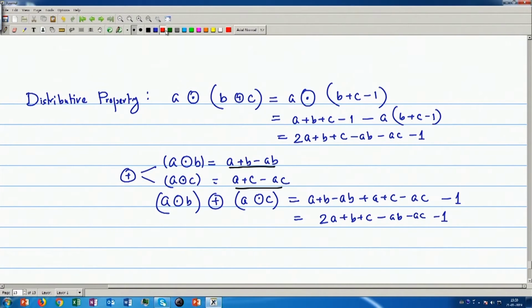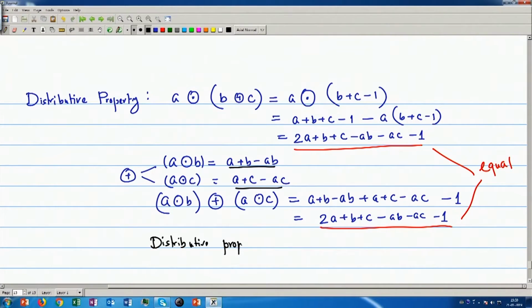So, again we see that these two are equal. So, the distributive properties hold.